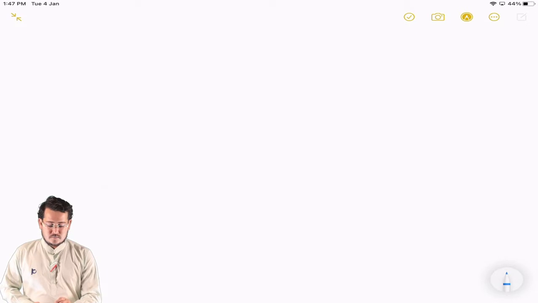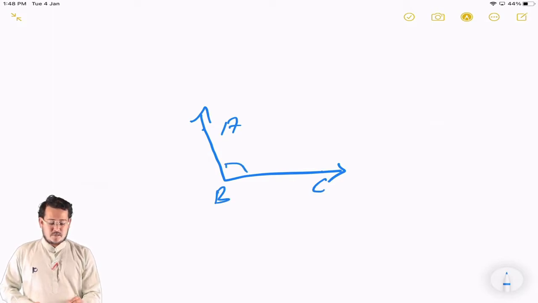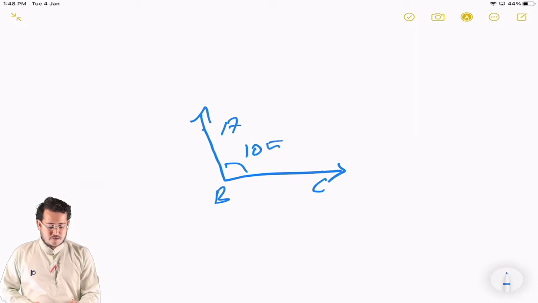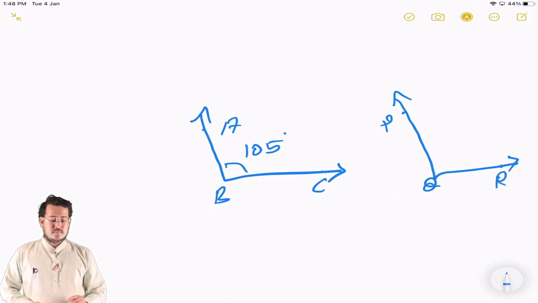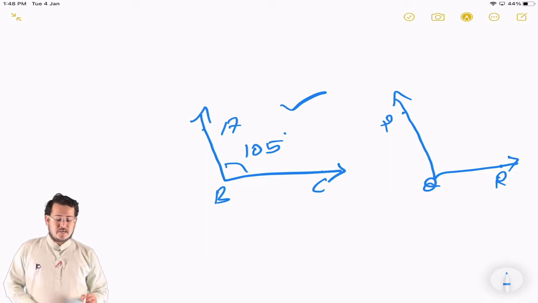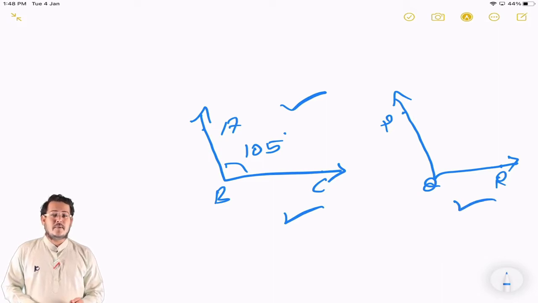If I have an angle A, B and C, with a measurement of 105 degrees, and I want to find the supplementary angle of this, then I need to subtract the given angle from 180, as it has been said that angle ABC and angle PQR are supplementary to each other.